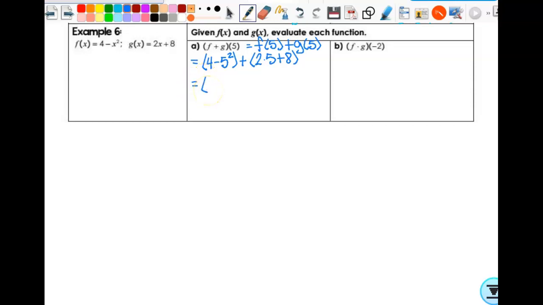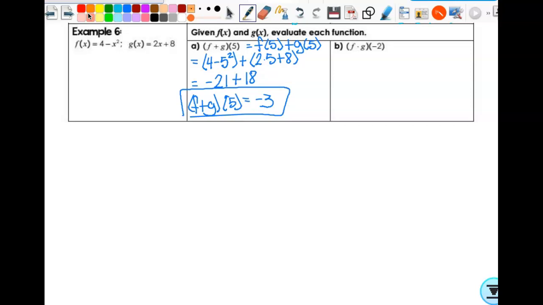So 5 squared is 25, so I get 4 minus 25, which is going to be a negative 21, plus 10 plus 8 is 18. So f plus g of 5 is equal to what? Negative 3. Everybody understand where all that came from?